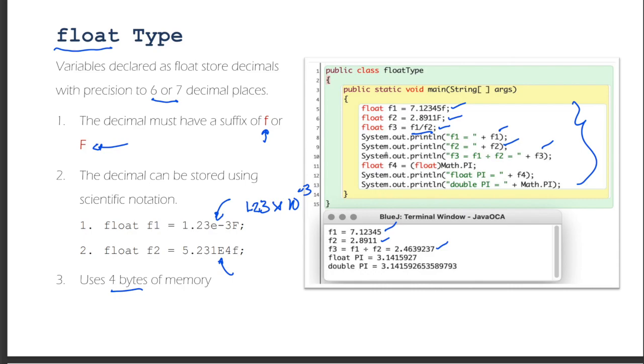Then I have F4 is from the Math.PI class, but the Math class PI value is a double. I casted it as a float, and then I printed the Math.PI as a double, so you have those 2 outputs, and you can see the difference. And we have the difference in precision, where the float goes to 1, 2, 3, 4, 5, 6, 7 decimal places, and the double goes to 15 decimal places.